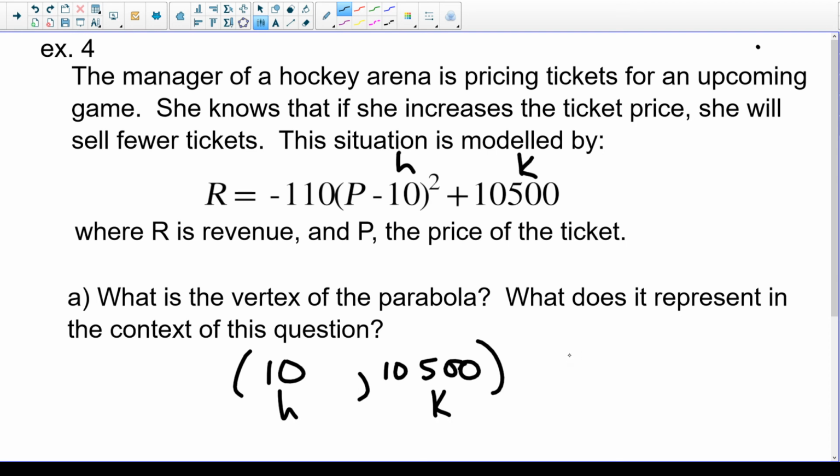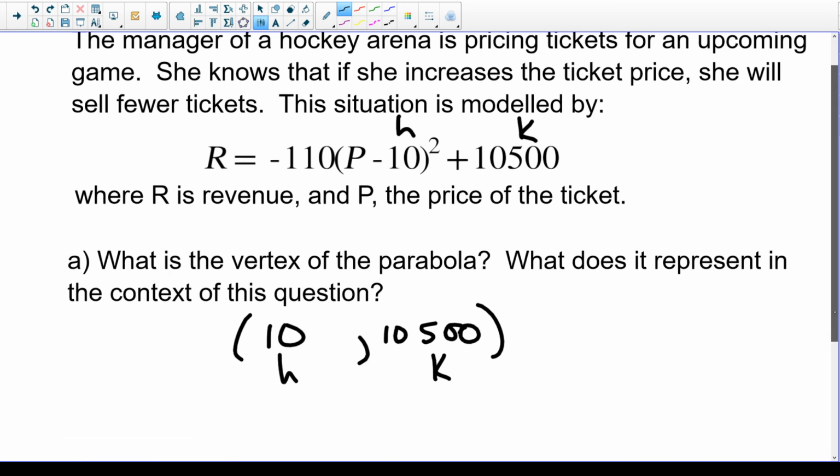And we now know that our vertex is at 10,500. That's the maximum height, right? What does it represent in the context of this question? Well, in the context of this question, the 10 is how far over we've moved our price.